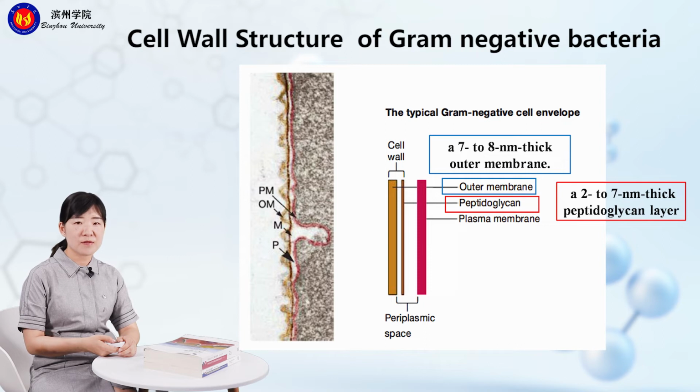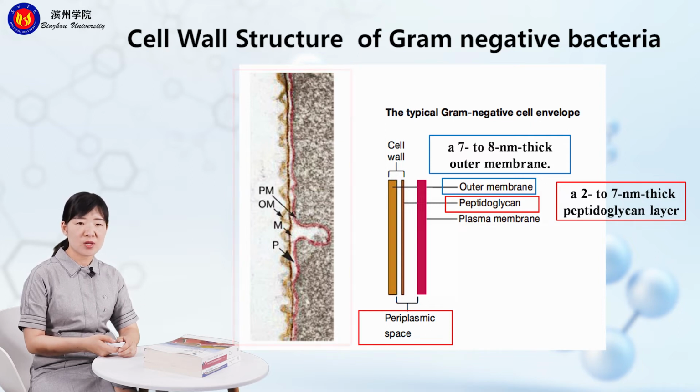One important feature seen in typical gram-negative bacteria is the periplasmic space. It is much wider than that in gram-positive strains. The substance that occupies the periplasmic space is the periplasm.